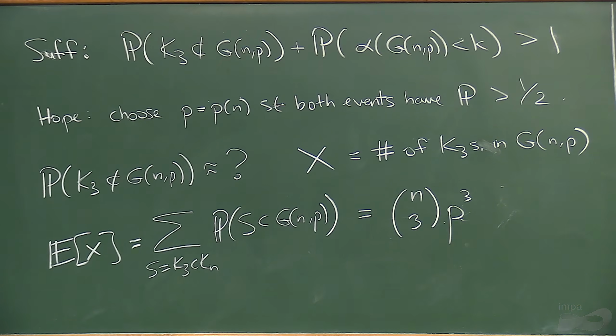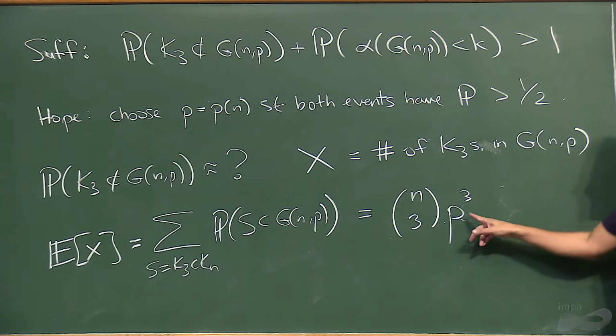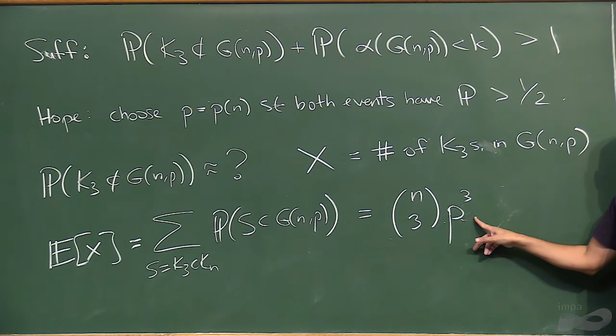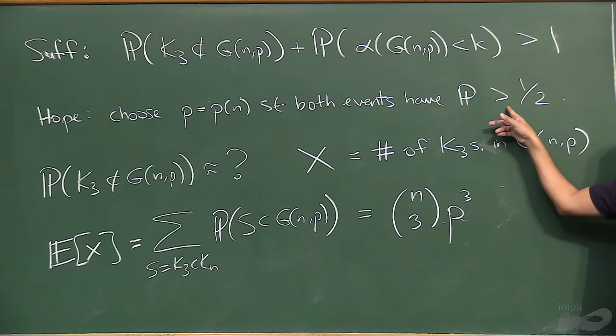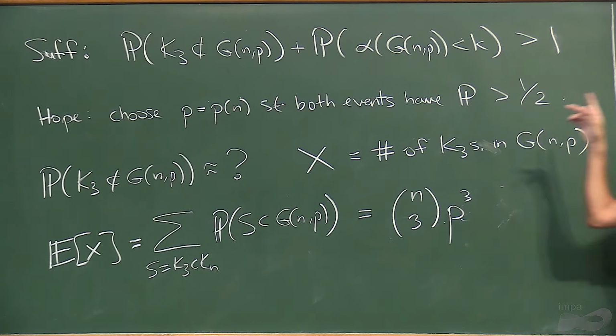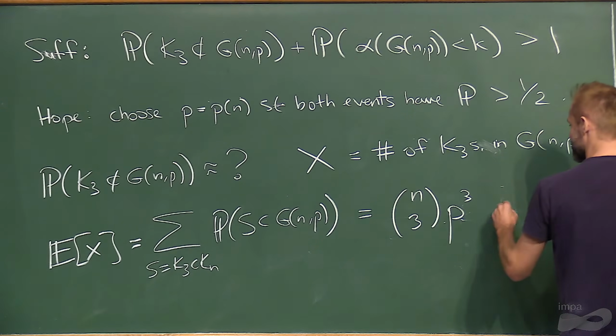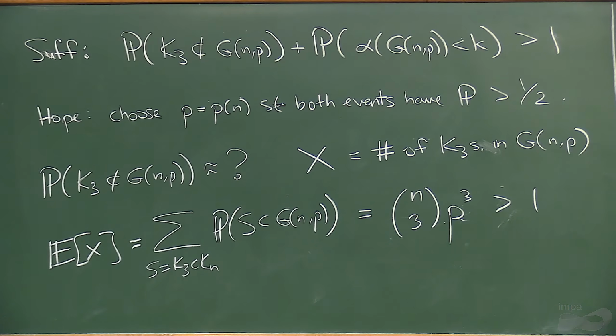Now, if we're likely to have a triangle, so if this is small, we can't really expect that we'd like to have a triangle, right? So we'd like this to be bigger than 1, say. If it's much smaller than 1, then the probability we have a triangle can't be very large.